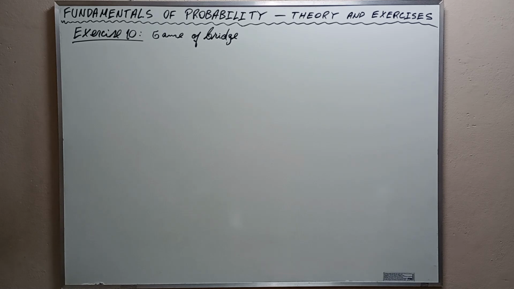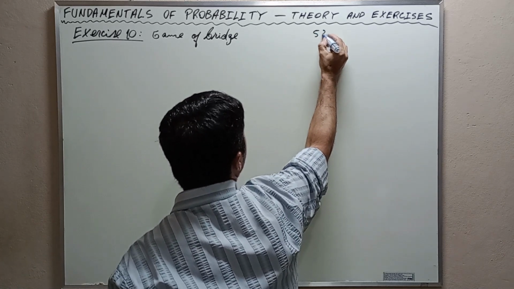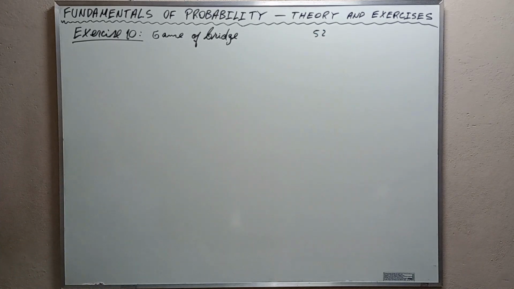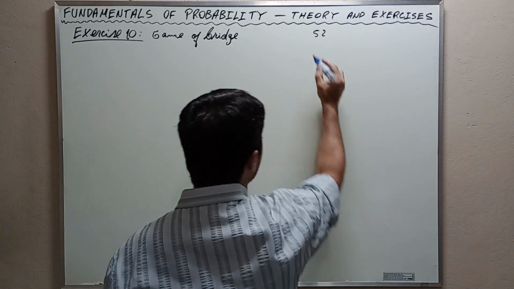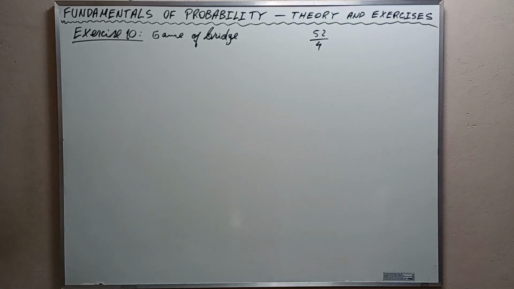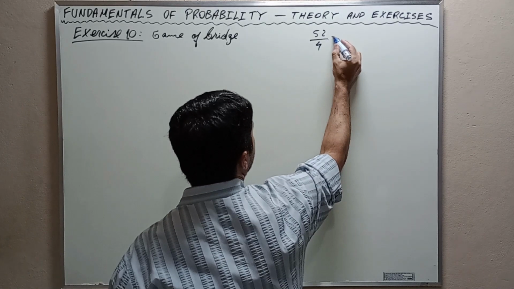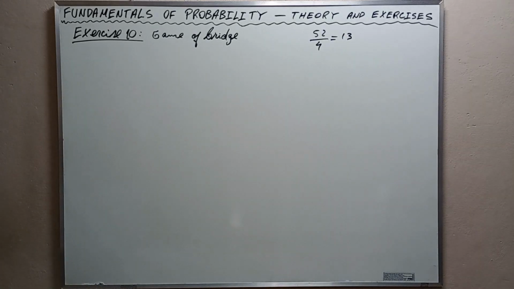The first step will be to understand our sample space. Okay, observe that we have 52 cards in a deck. 52 cards dealt to 4 players is equal to 13 cards per player, okay?